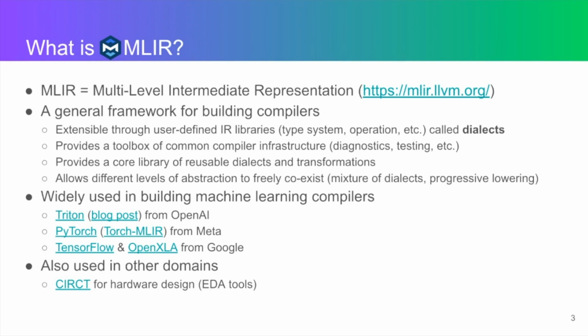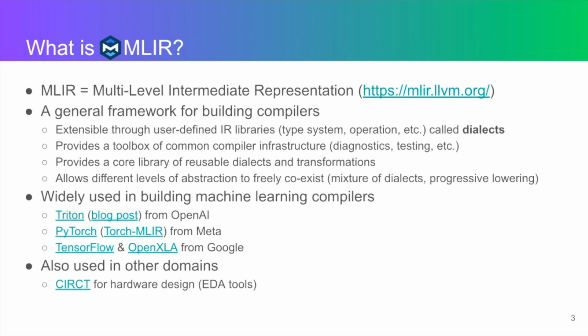It's actually a general framework for building compilers. And it is extensible through user-defined IR libraries called dialects. So it's kind of a tool to build different IRs. And this framework provides a toolbox of common compiler infra and also a core library of reusable dialects and transformations.